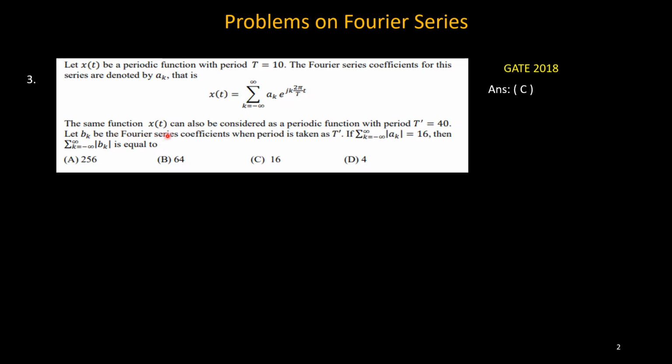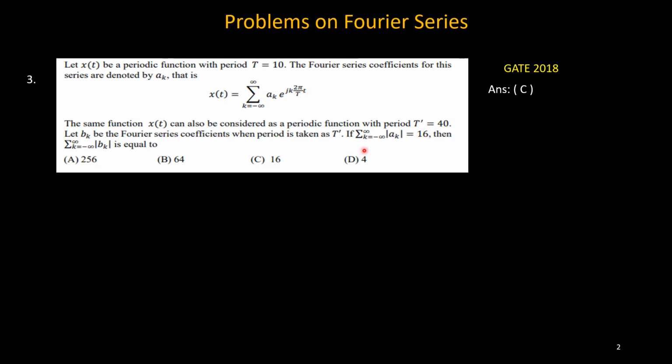Now the same function x(t) can also be considered as a periodic function with period T prime, that is 40, 4 times 10. Here b_k is the Fourier series coefficient when we take this time period T prime.